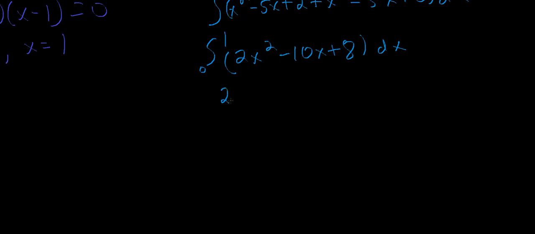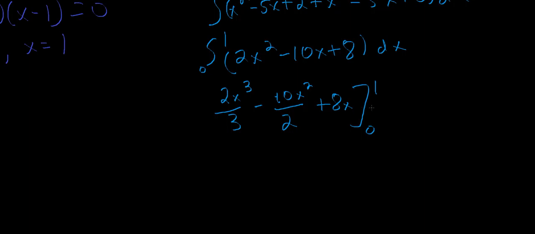We get 2x cubed over 3 minus 10x squared over 2 plus 8x as x goes from 0 to 1. We can forget the 0 term because it'll just zero everything out.